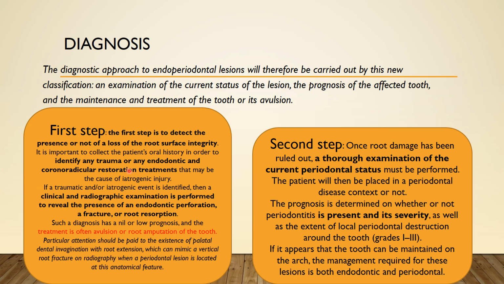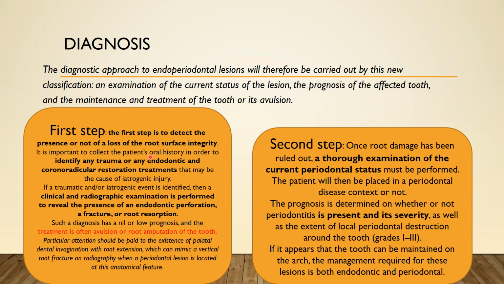The first step is to rule out the loss of root surface integrity. So if it is present, the patient's oral history is very important in order to identify any trauma or any endodontic and radicular restoration treatments that may be the cause of iatrogenic injury.